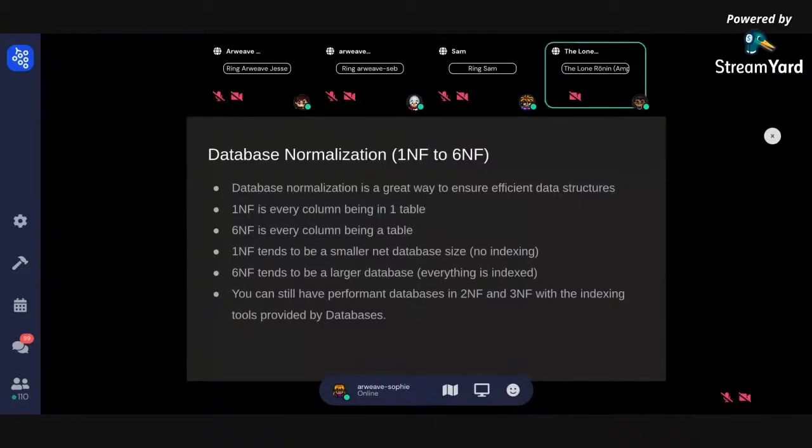Sixth normal form is the complete opposite, where every column is essentially its own table, and it's indexed in its own table. In first normal form you're probably going to have a smaller database in general, and obviously sixth normal form is going to tend to be a lot larger given the amount of indexing per column. But you can still have a performant database even with second or third normal form.